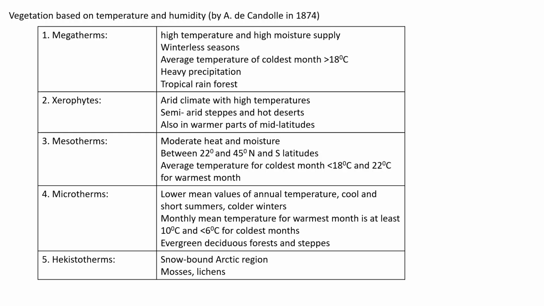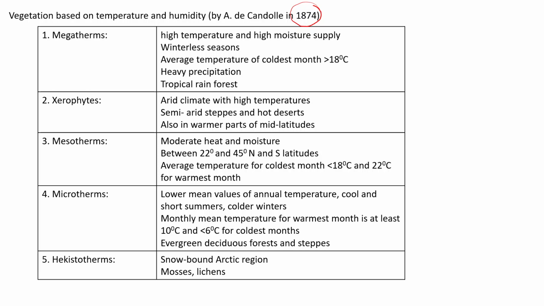In his 1874 scheme, de Candolle classified vegetation based on the requirement of temperature and moisture into five groups: megatherms, xerophytes, mesotherms, microtherms, and hekistotherms.